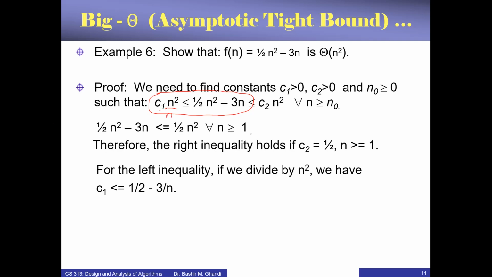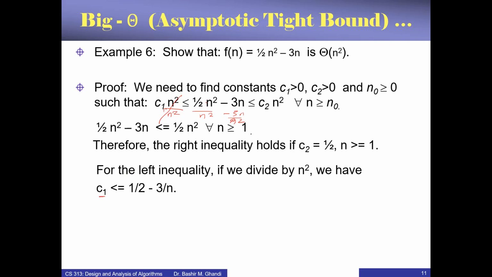So if you divide by n squared, obviously you have to divide by n squared here too, minus 3n over n squared. So obviously here n squared will cancel n squared, and you have just c1.